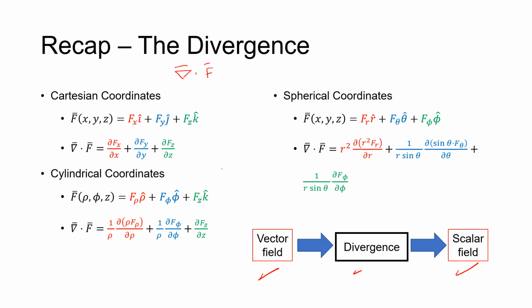Once you know your coordinate system, either Cartesian, cylindrical, or spherical, this is how it looks in Cartesian with your input vector. This is how it looks in cylindrical coordinates when your vector looks like this. And finally, in spherical coordinates, it will look like this when your input vector is like this.